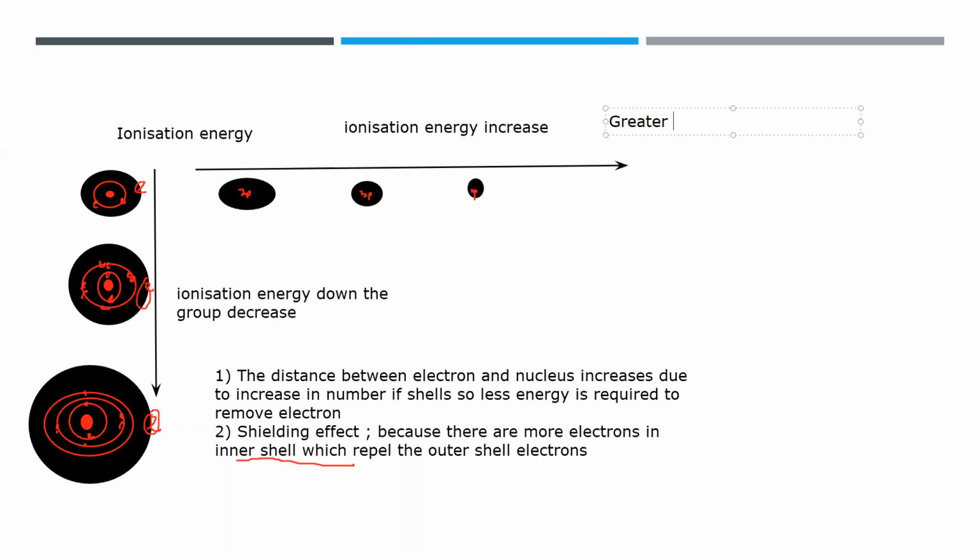Because greater nuclear charge and small atom size increase the attraction between the nucleus and the valence shell electron.